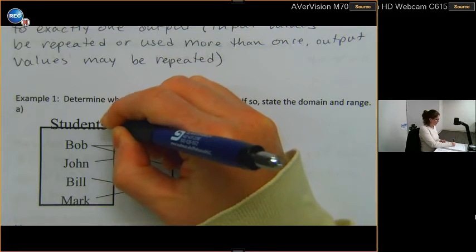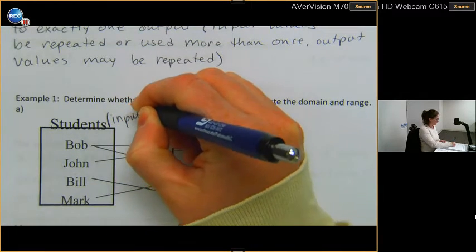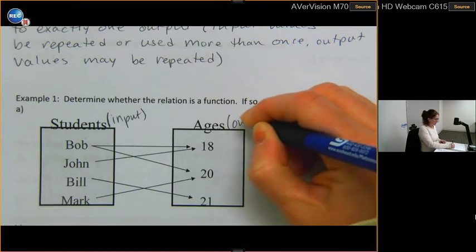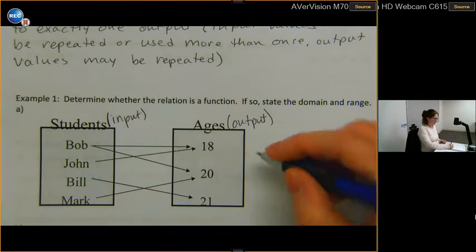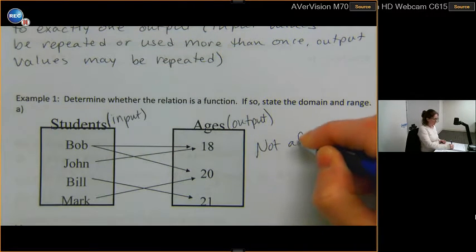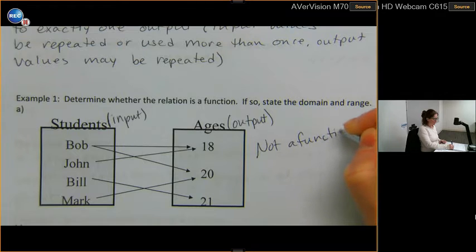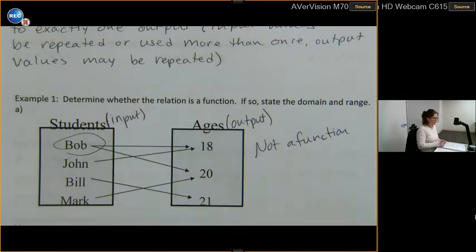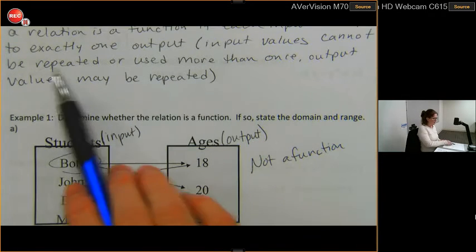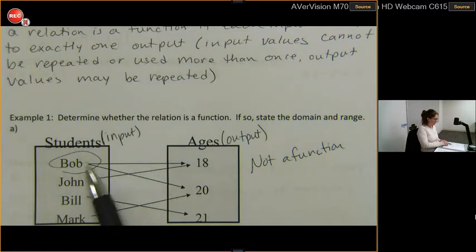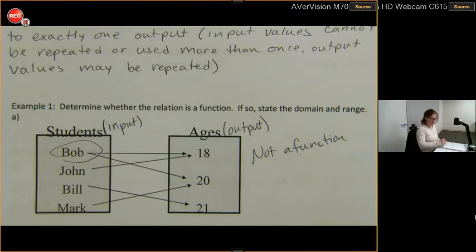So just a reminder, these students are the input, the ages are the output, and this example is not a function because Bob has two outputs associated. So we set up here, input values cannot be repeated. Bob is repeated into two different ages.